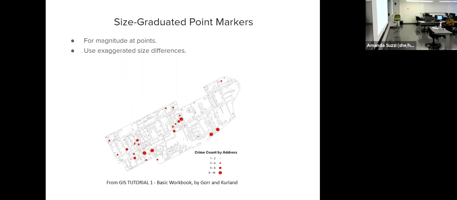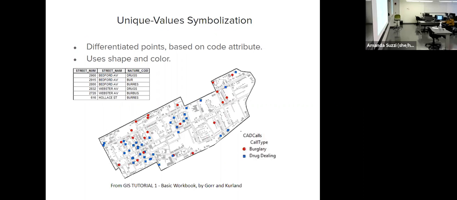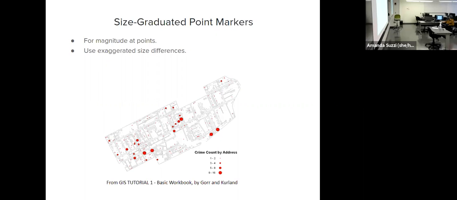Is this the same town as the previous one? It is. Bedford Ave, drugs, burglaries. So cool. Yeah. Wow. So you can use graduated point markers to tell the difference in count data.